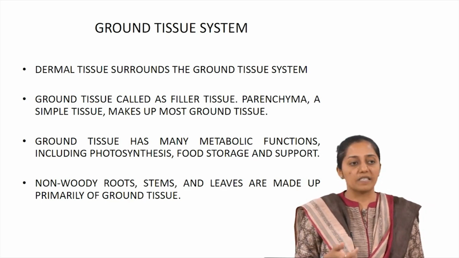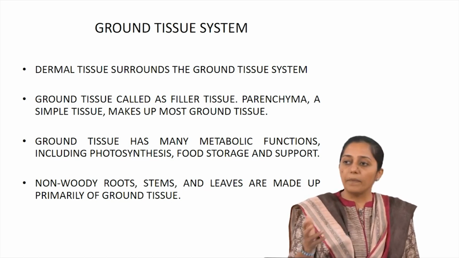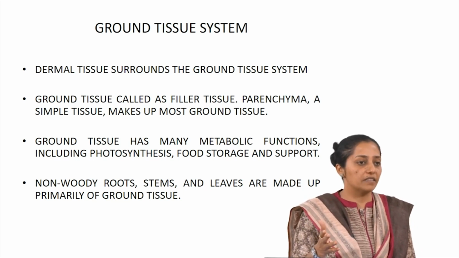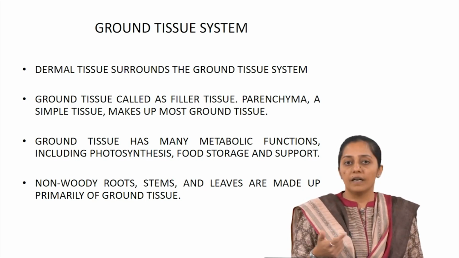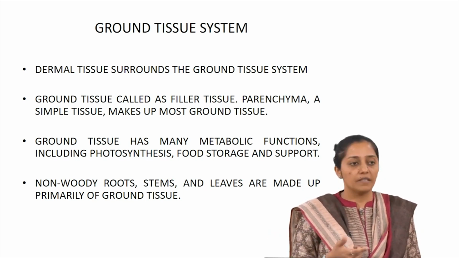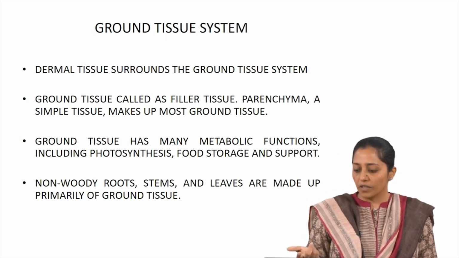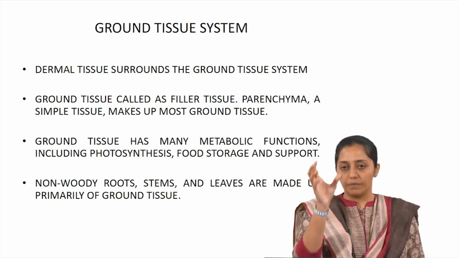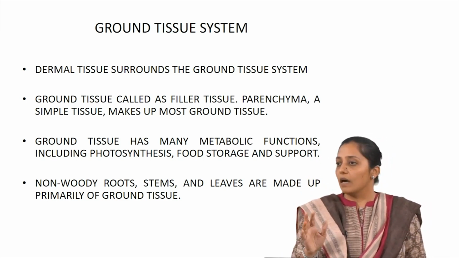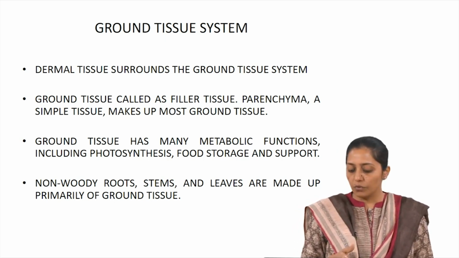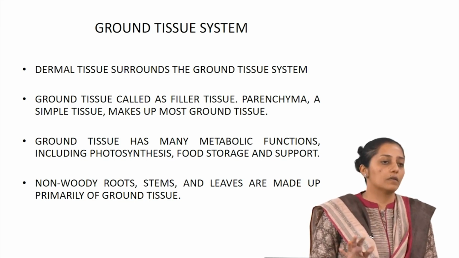Because these parenchyma cells can differentiate into different types of cells, they take part in various metabolic activities like food storage, synthesis, photosynthesis, which means preparing food, and support, which means making the flesh, supporting the stem or the leaf. In non-woody roots, stems and leaves, they are primarily made up of ground tissue.